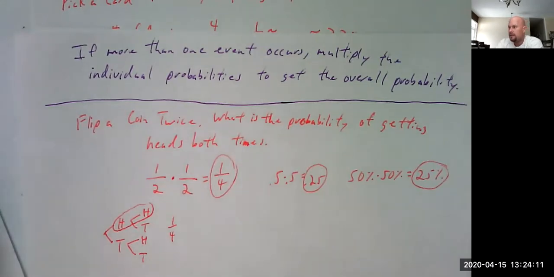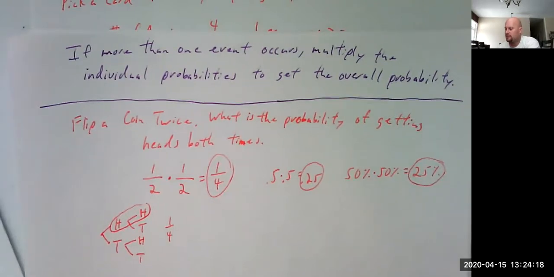All right. So now, the next thing I want to take a look at is examples of 2 dependent events.